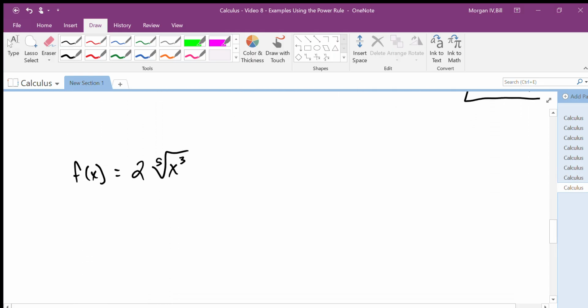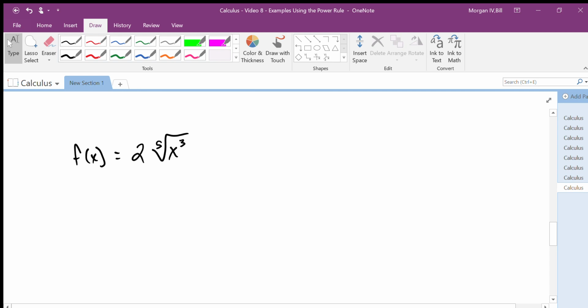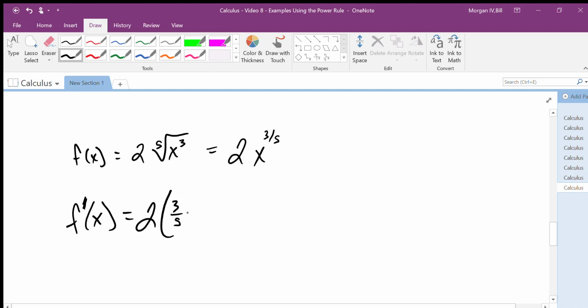Okay, how about a function like 2 times the 5th root of x cubed? Well, first we rewrite 2 times x to the 3/5. The derivative, f prime of x, hopefully you're getting pretty good at these by now, that's equal to 2 times 3/5 x to the 3/5 minus 1.